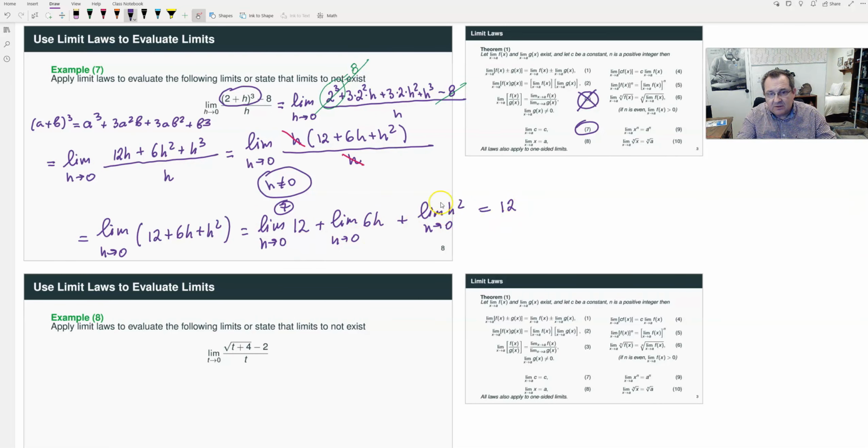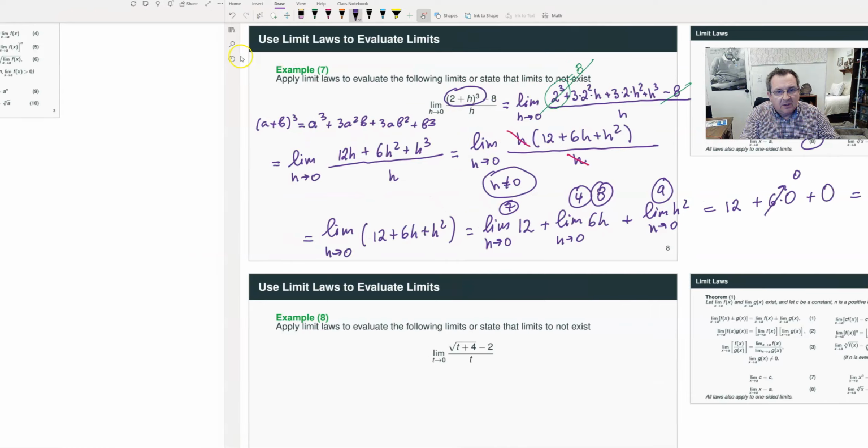Because 12 is a constant. According to the formula 4, and then 8, we'll have to use both of them. We will have 6 times 0. And the last limit, according to formula 9, is equal to 0. 6 times 0 is 0, so we have 12 as the final answer.